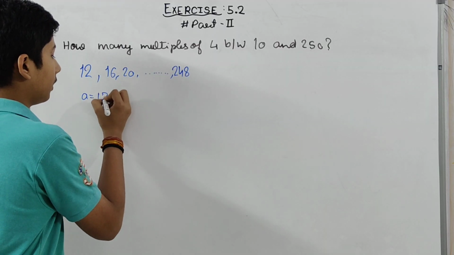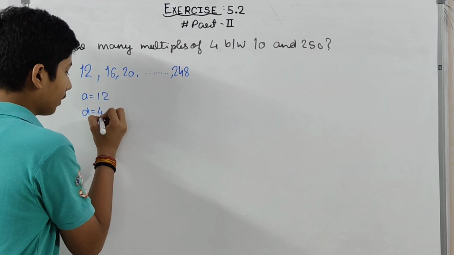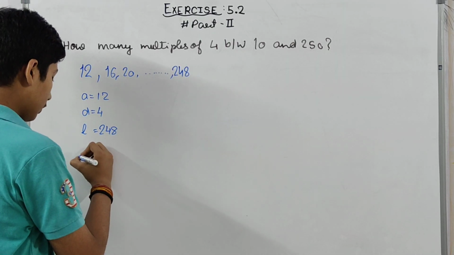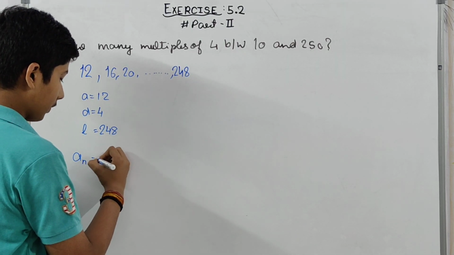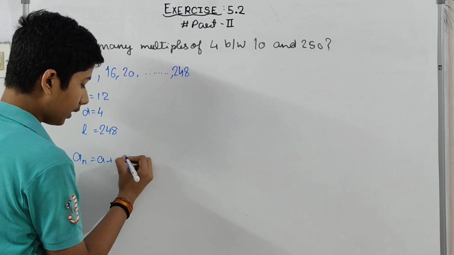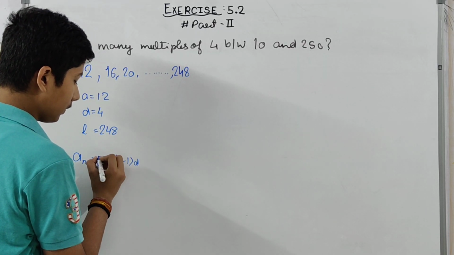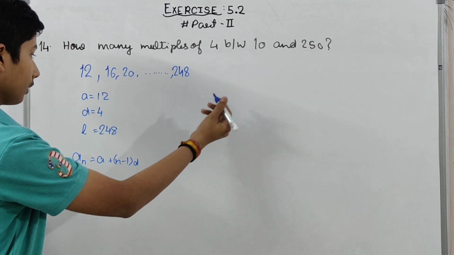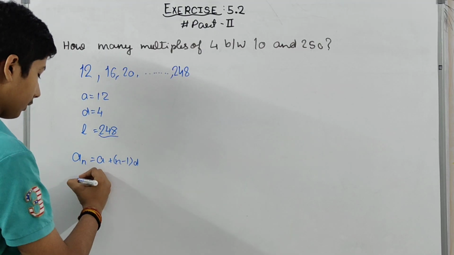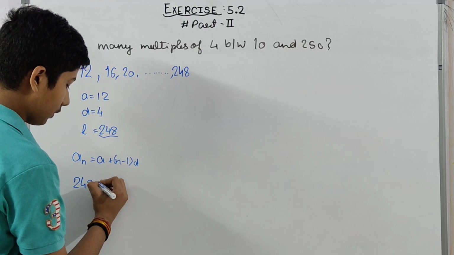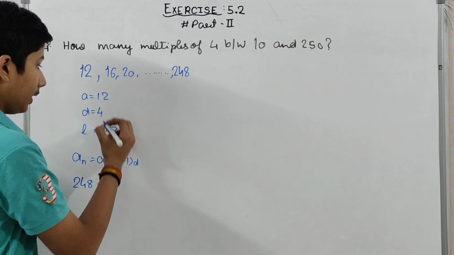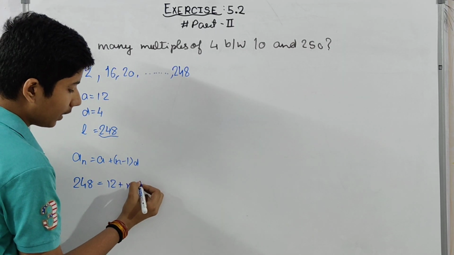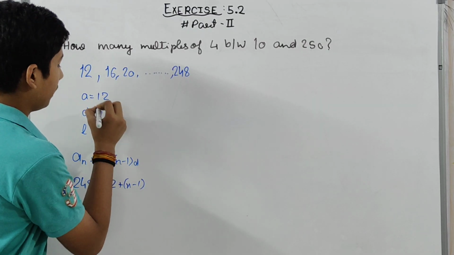a is 12, d is 4, and l is 248. So an equals a plus (n minus 1) times d. We'll just use this formula here. So the nth term is 248, equals 12 plus (n minus 1) times 4.